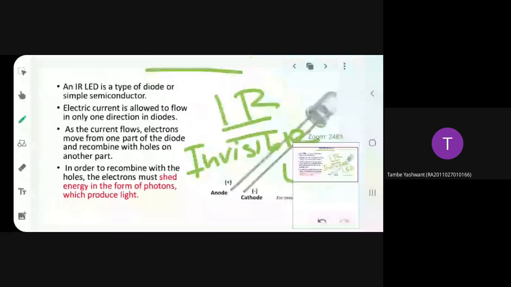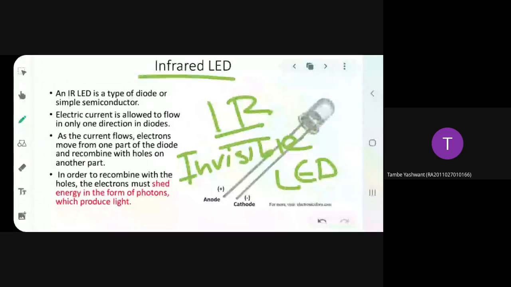We have several types of LEDs. But if you pick one particular material with the help of which you get infrared light, then you have to use that particular material. Otherwise it will emit red light or green light or any other color. I gave the list last class, but I forgot the name of the material.